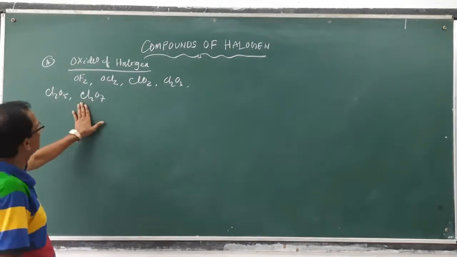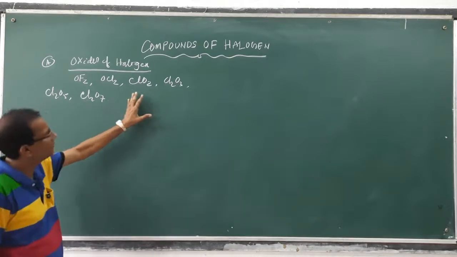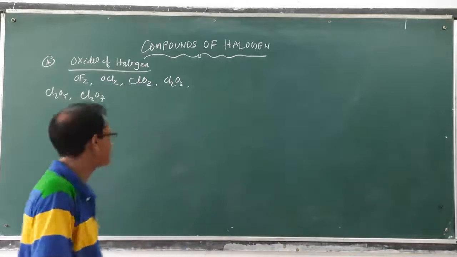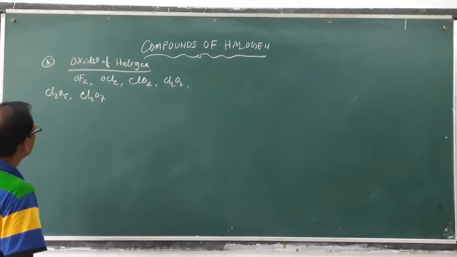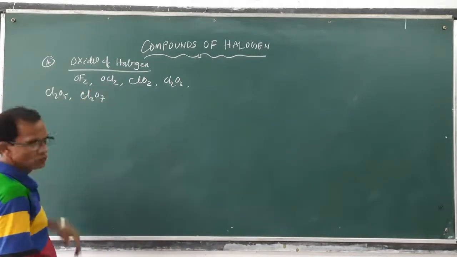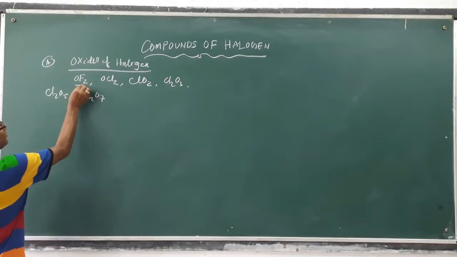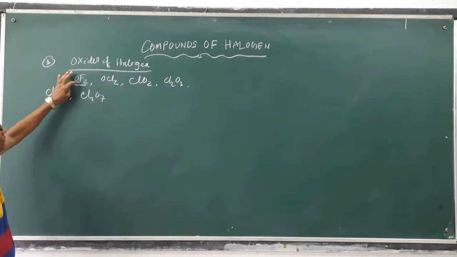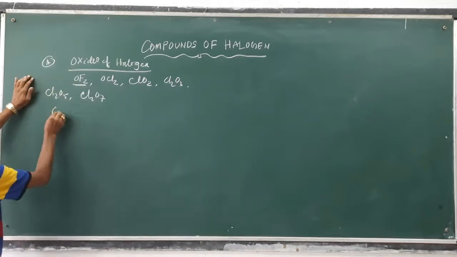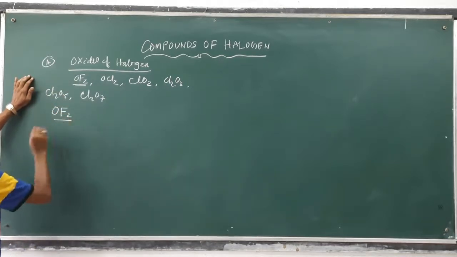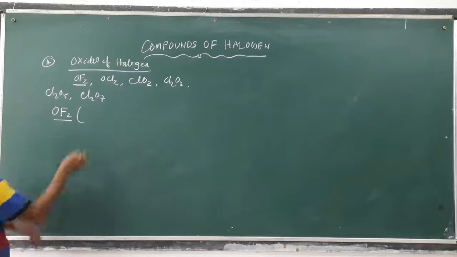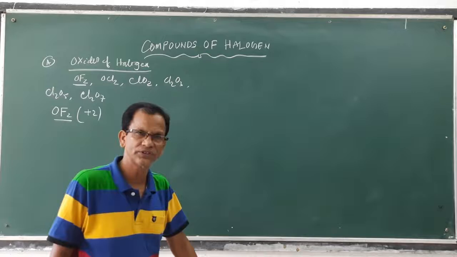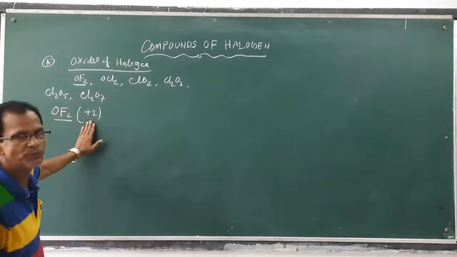These compounds have different structures. OF2 is very important for fluorine. In OF2, the oxidation number of oxygen is +2.